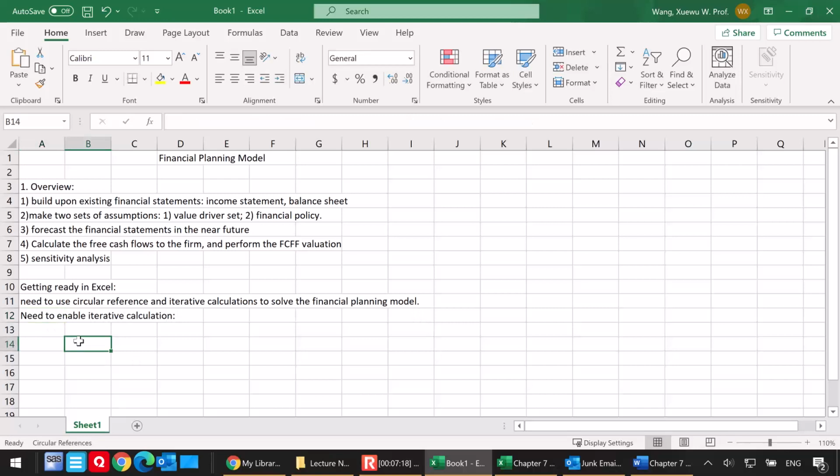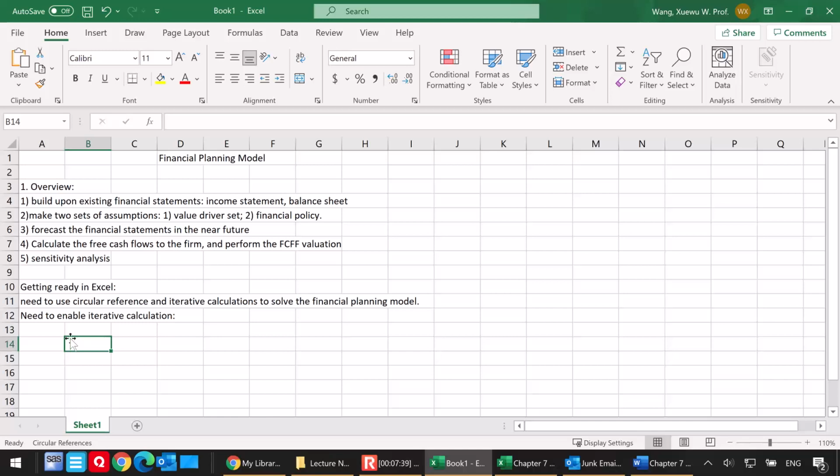Earlier I showed you how to activate the Solver plugin and how to, for instance, activate the Data Analysis ToolPak to run a regression, to do a histogram, and so on. Here we're going to enable iterative calculation.